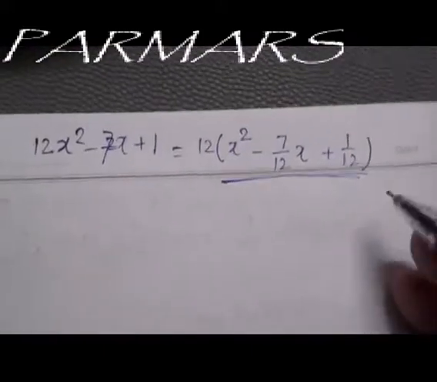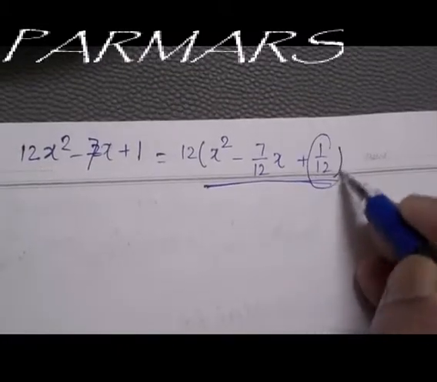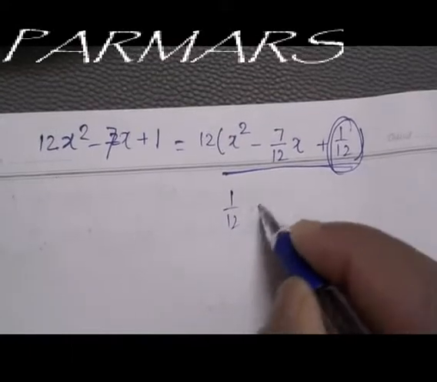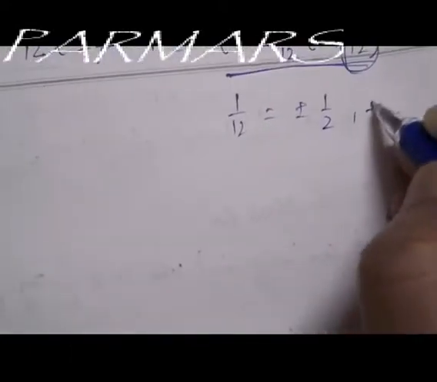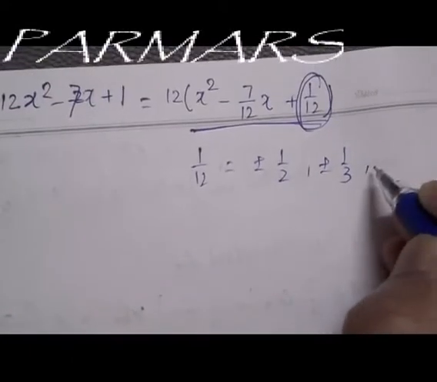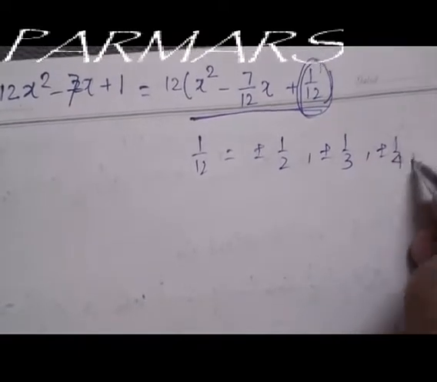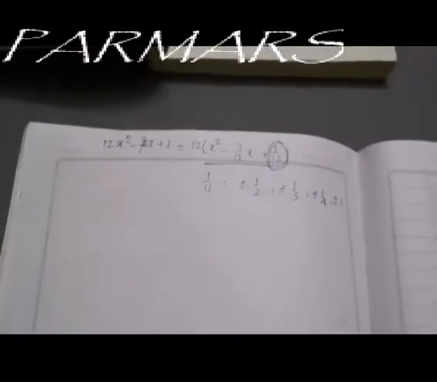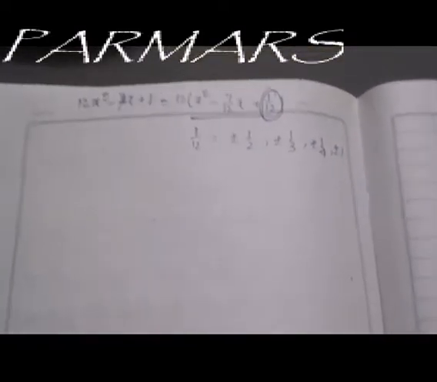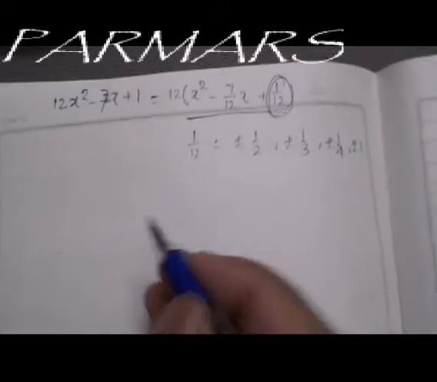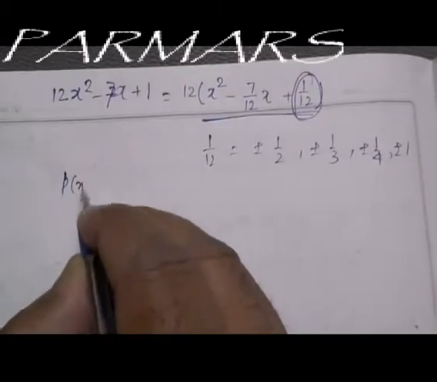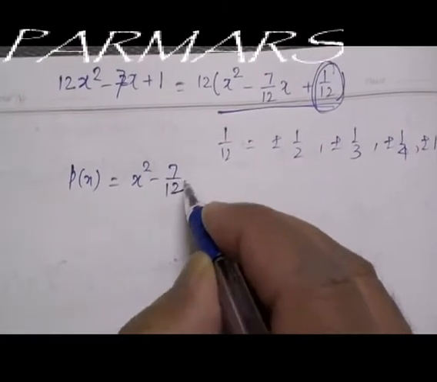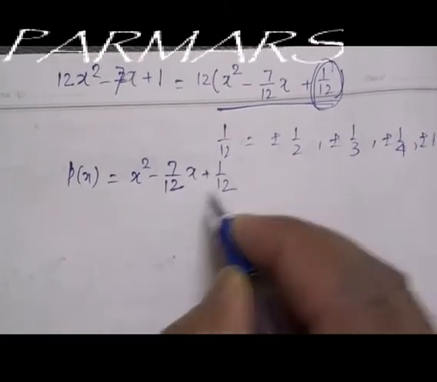So using factor theorem, first find the possible factors of 12. Possible factors are plus minus 1/2, plus minus 1/3, plus minus 1/4, plus minus 1, etc. Our polynomial here is p(x) = x square minus 7/12 x plus 1/12.